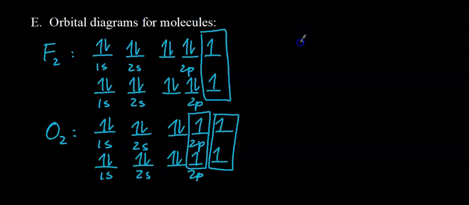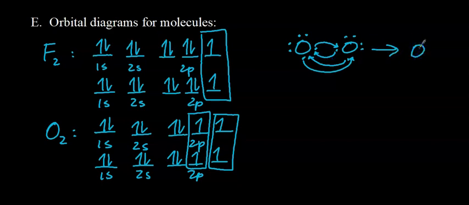Before we move on to one more example, let me show you with Lewis structures how this occurs. Again, the oxygens are going to grab onto each other's electrons. Let's draw these electrons that end up being shared in different colors.